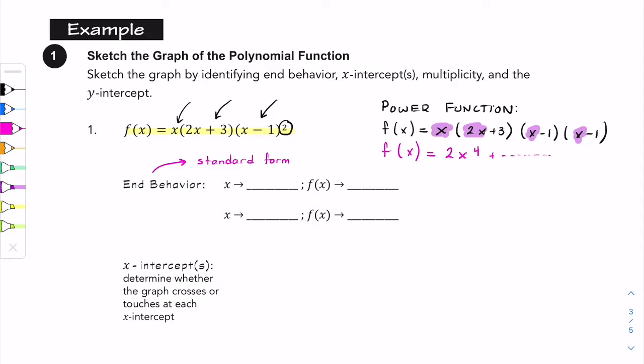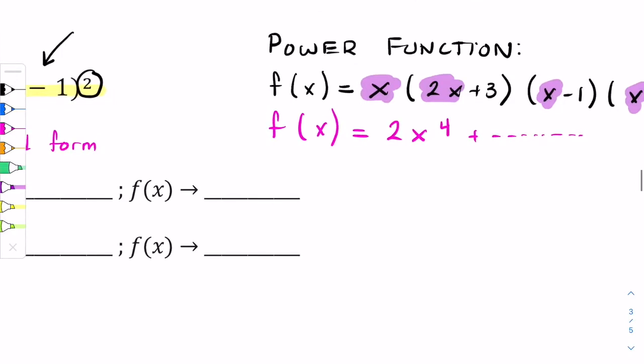So this here just saved us a lot of time. We didn't have to multiply these two factors together and then multiply these two and continue that until we're in standard form. All we did was find the first value. And again, that's by multiplying the first term of every factor. So from this, I can see that I have an even degree and a positive leading coefficient.